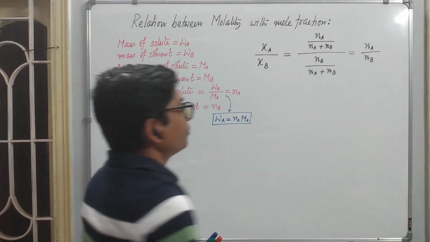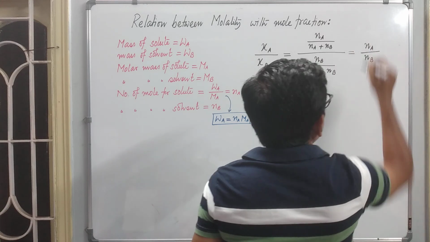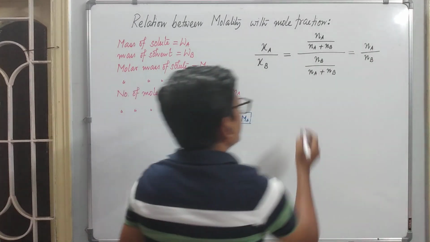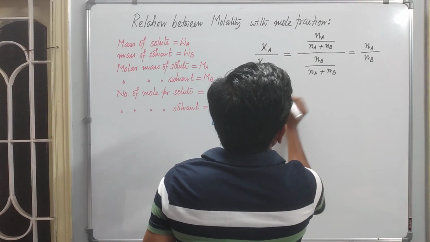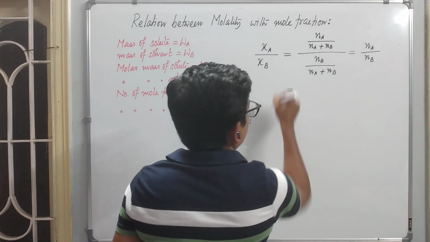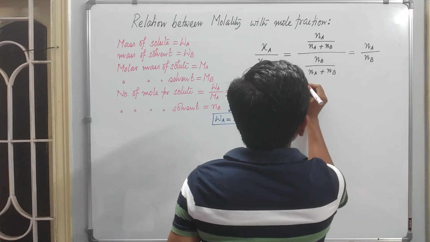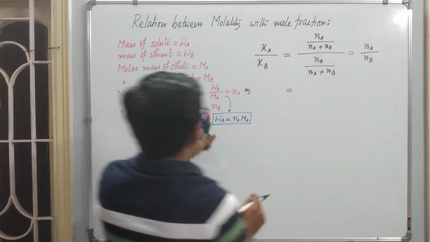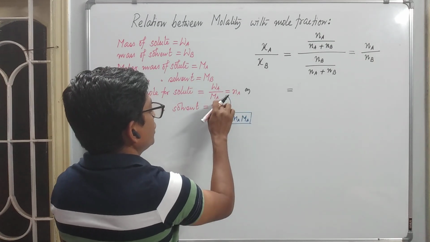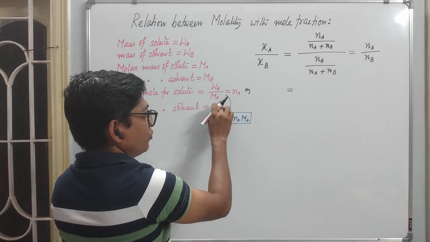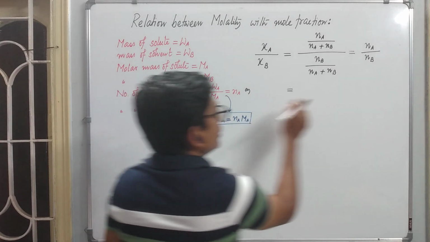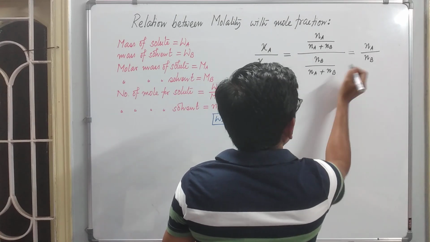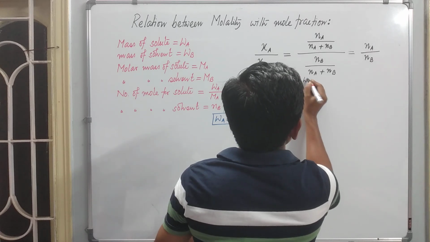Okay. Now, how to get the value of mole? This one we can obtain like this. The number of moles, the amount, can be written as you can see here, Na is equal to Wa by the molar mass of the solute. So simply I am writing it in that way to make it simple.